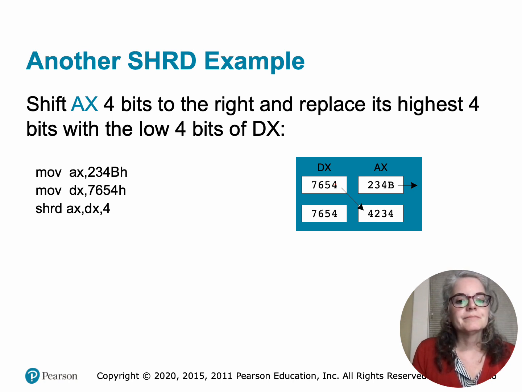Okay, here we go. So AX is your destination, and DX is your source. So this one gets shifted out, so that goes away. And then this 4 gets moved here, ending up with 4234x.